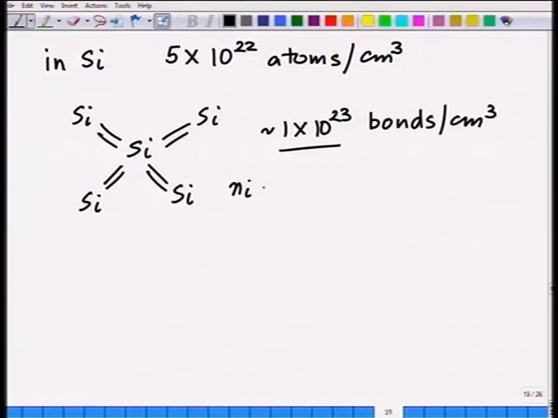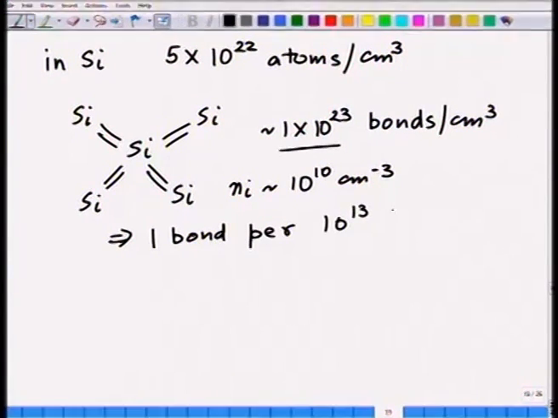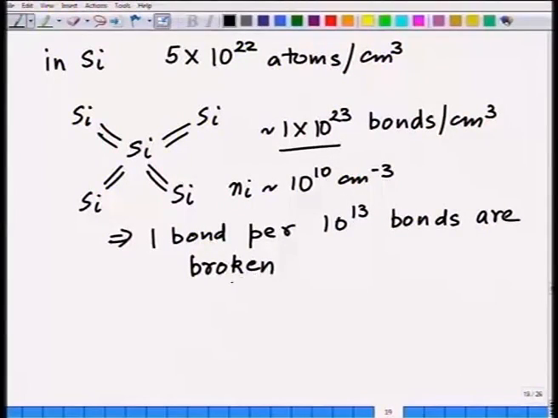Since Ni is about 10 to the power 10 per centimeter cube, that implies 1 bond per 10 to the power 13 is broken. That is the order of how many bonds are broken in silicon at room temperature.